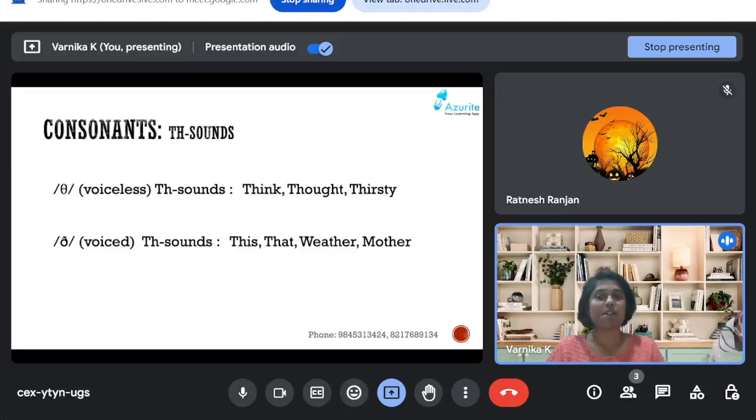So we're going to discuss some difficult sounds. Okay, so the voiceless TH sound, the symbol we saw earlier. If you didn't understand how to pronounce it from what I showed, you can try saying these words.